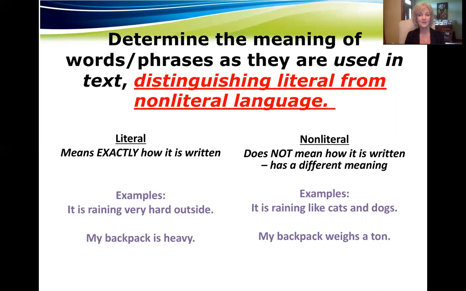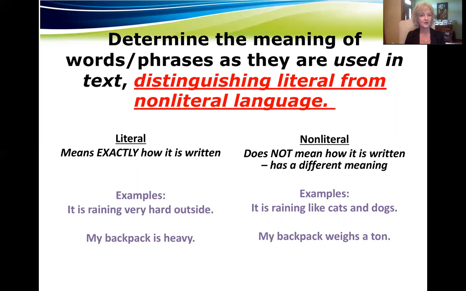It has a different meaning. For example, I could say, it is raining very hard outside. That is literal. It means exactly what I said. But I could also say, it is raining like cats and dogs. Is it actually raining cats and dogs? No, it just means it's raining very hard. That is non-literal. It has a different meaning.